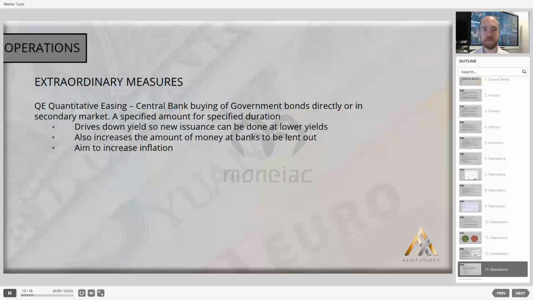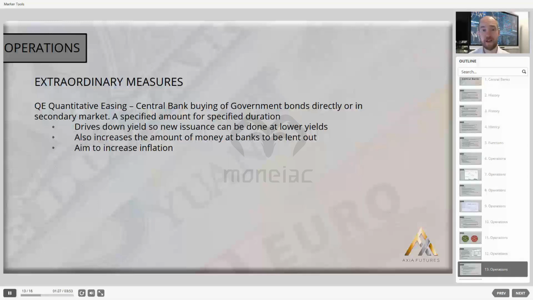What this serves to do is create a demand for bonds, which at the same time then pushes bond yields down, meaning that any new issuance of bonds can be done at a lower rate. This in general brings interest rates in the economy down, increasing people's propensity to borrow because they can do so at much lower rates, and then spend on other assets, spend on employing people, expanding businesses. So that's the idea of how quantitative easing works.